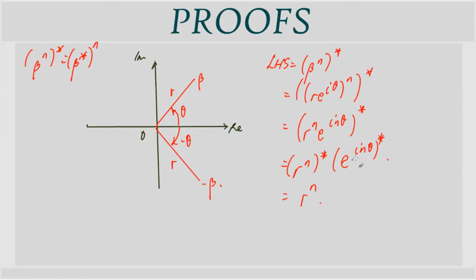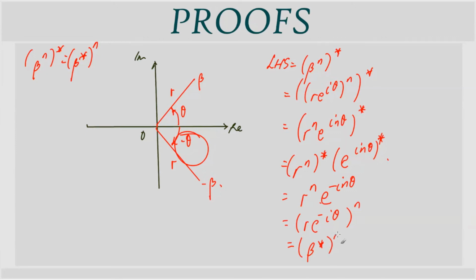And e to the power of in theta, well, if that's the argument in this case, the conjugate must be equal to e to the power of negative in theta. And that's equal to (re^(negative i theta)) to the power of n. And re^(negative i theta), with the argument of negative theta, is equal to b conjugate.